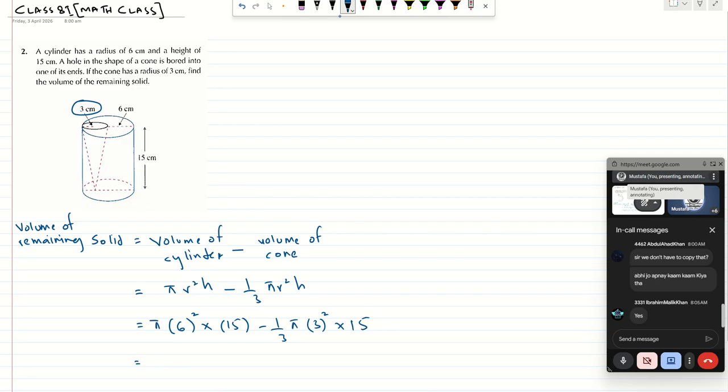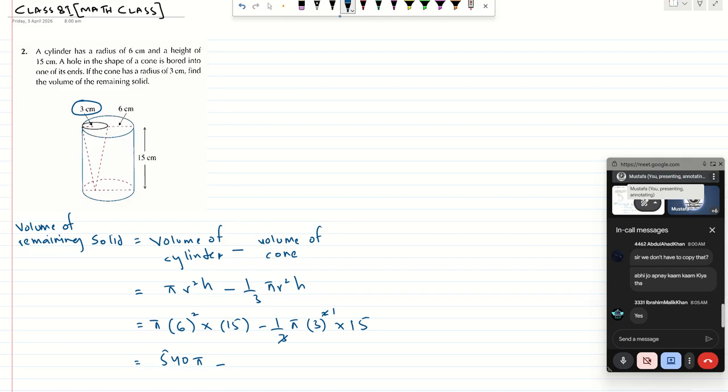This is going to be 6 6s are 36, and 36 multiplied by 15 will be 540. So this is 540 pi minus, okay, this is 3 square, so 3 will be cut. This will become 3 times 15.